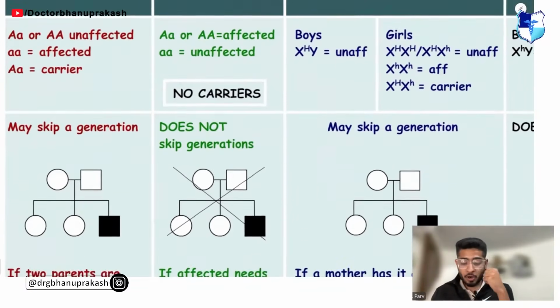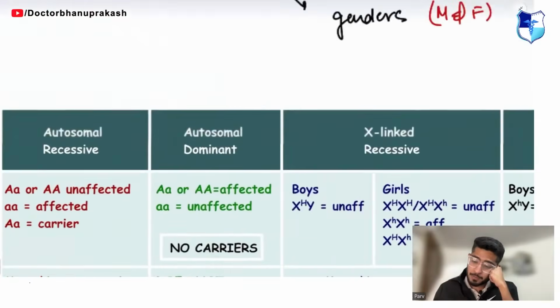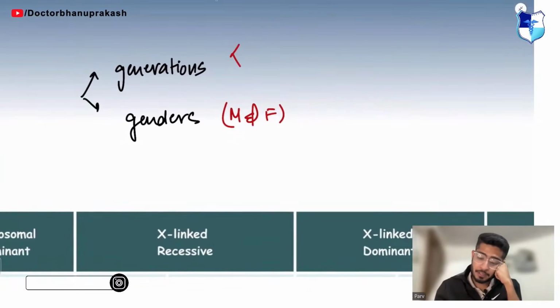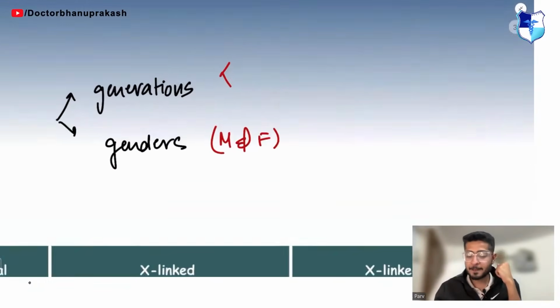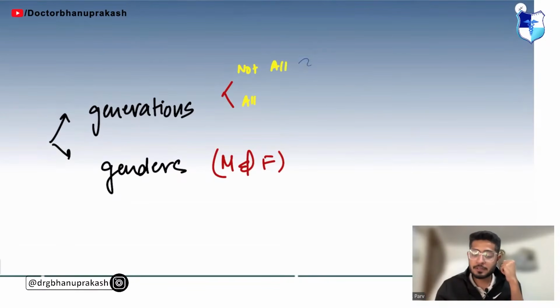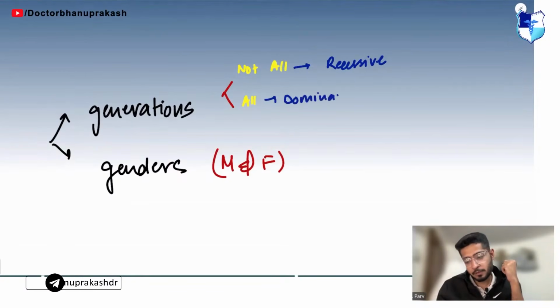Remember, generations can either be continuous, or there can be no continuity. If not all generations are covered, this is called recessive, and if all generations are going to have it, this is called dominant.